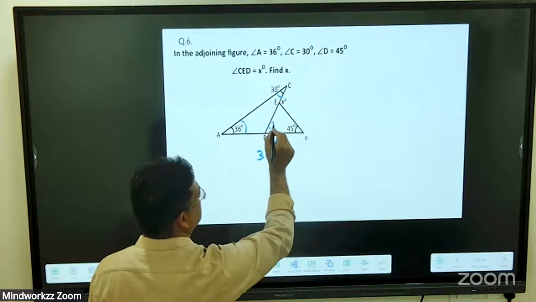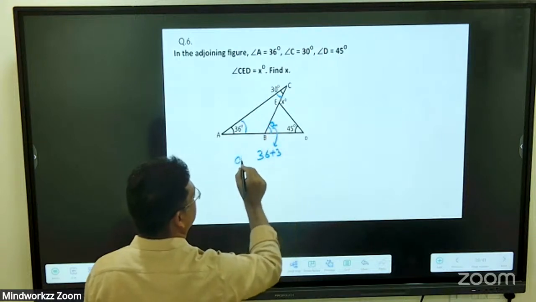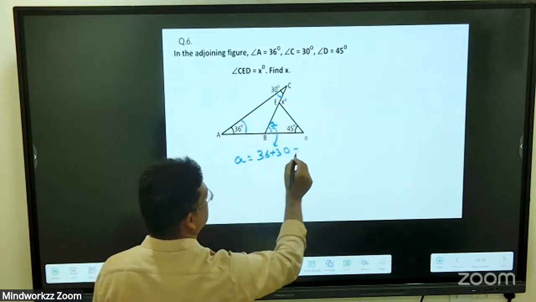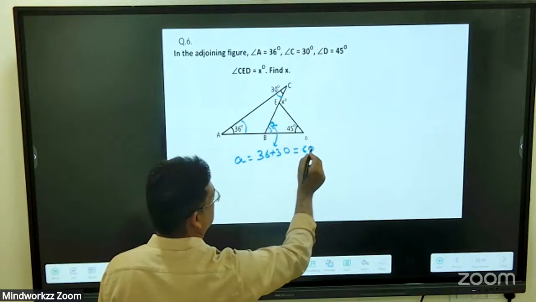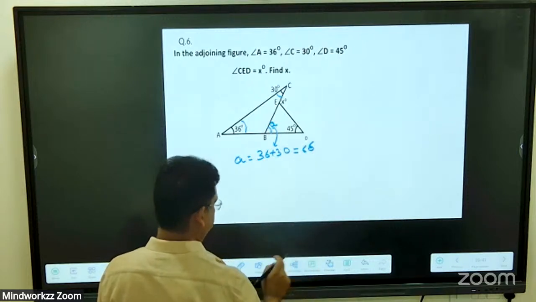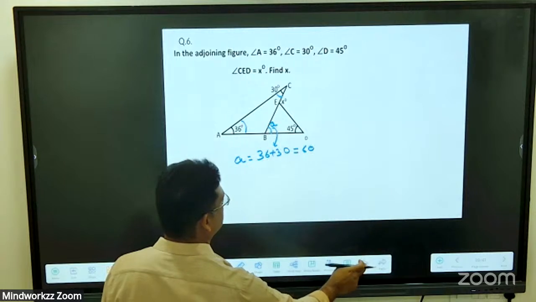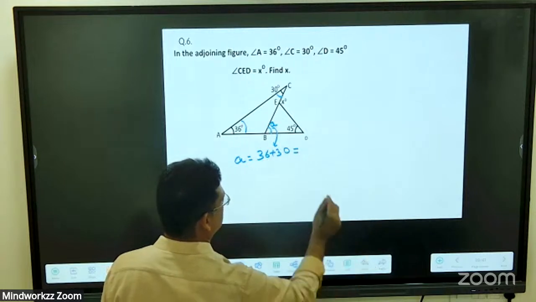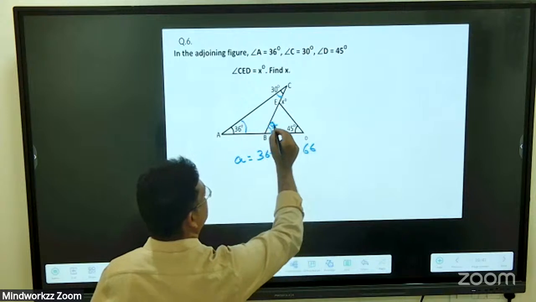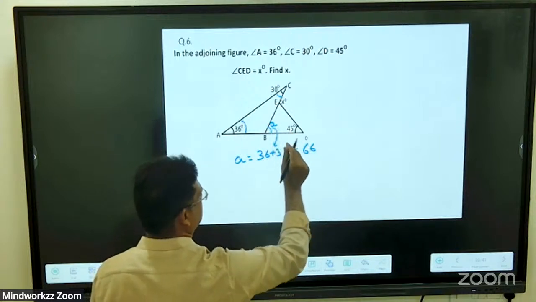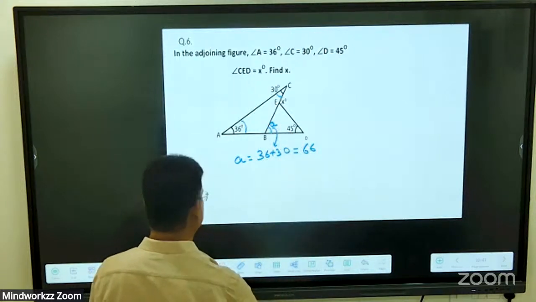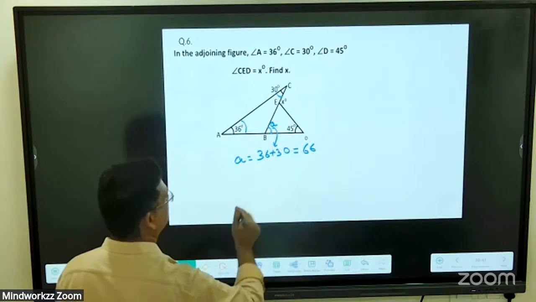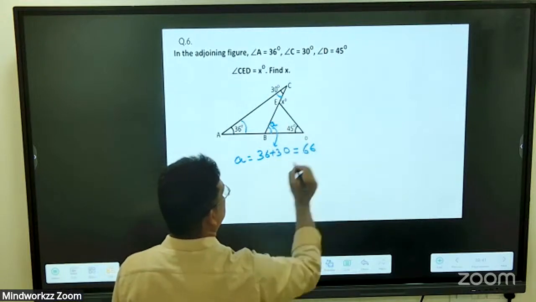Let us say this is A. So A is equal to 36 plus 30, which is 66. Once you have got this as 66, now x will be what?